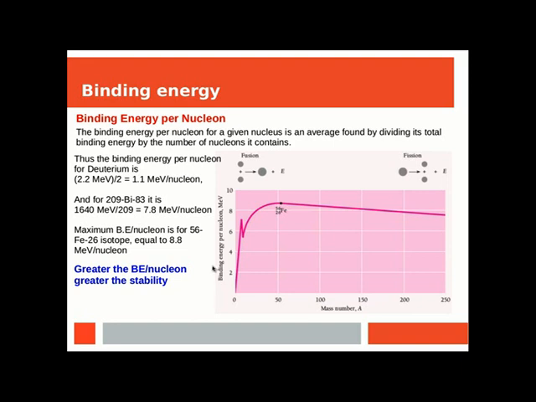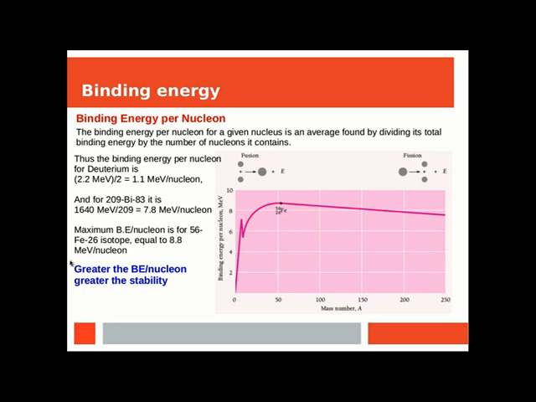So in all the types of isotopes existing, the iron 56 isotope has the maximum binding energy, equal to 8.8 million electron volt per nucleon. That means the iron 56 isotope is the most stable nucleus.